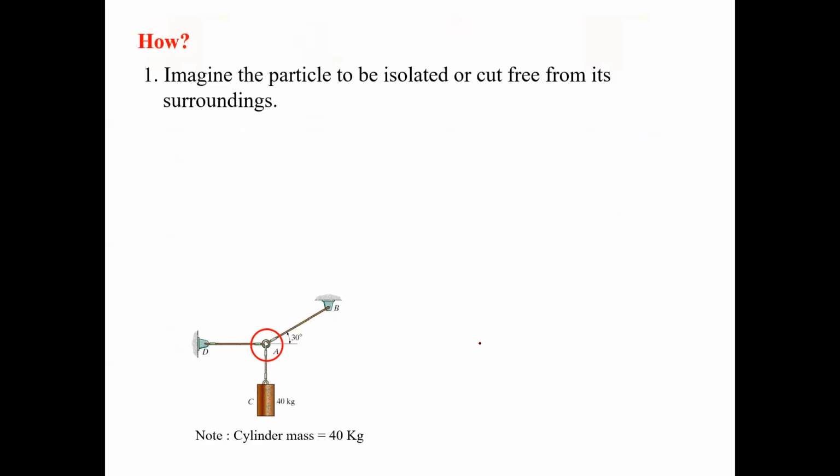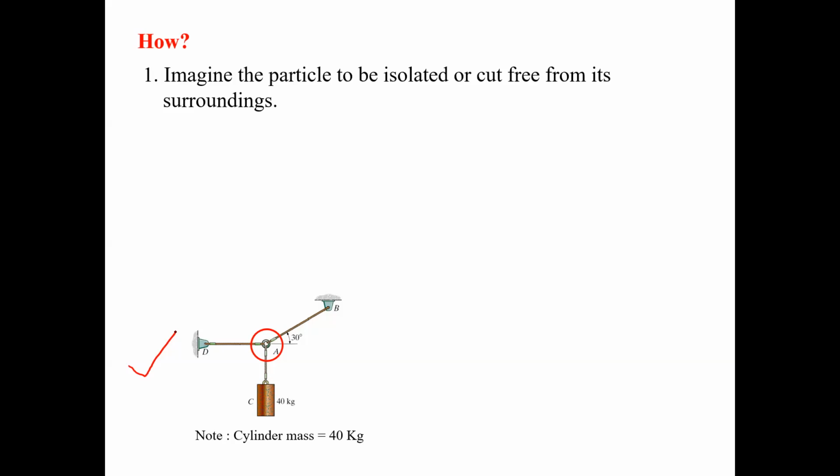Next, how do you make a free body diagram? What are the steps? First step: imagine the particle to be isolated or cut free from its surroundings. That's really important. This is the system given to us, and now we need to analyze it. Maybe we need to find the tension in cable AB, AD, or AC.